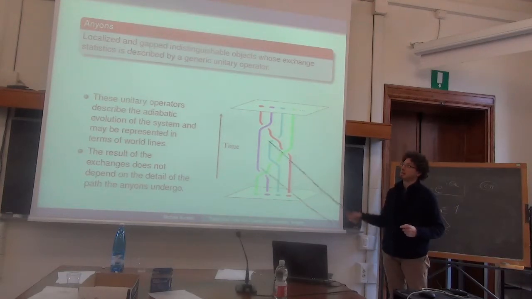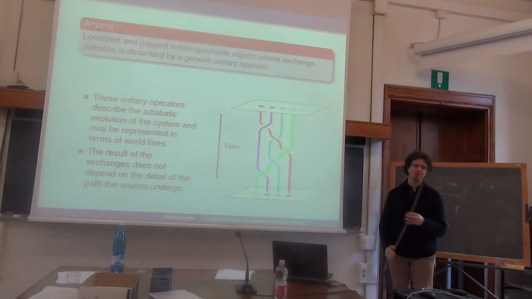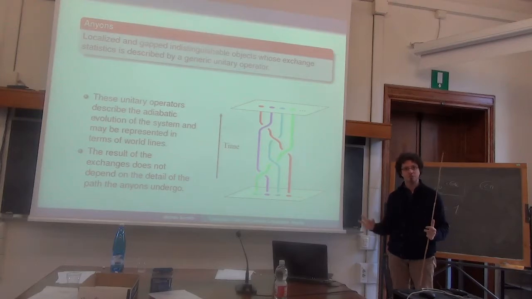This means that I want anyons to be localized and to be far away enough in such a way that they do not really interact. If two anyons become too close to each other, usually in a physical problem, you have some interaction that enters and spoils a little bit this picture.